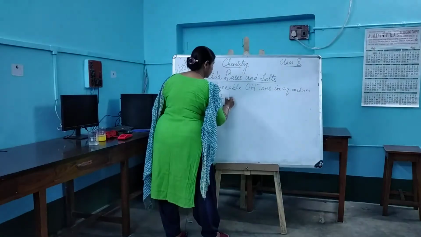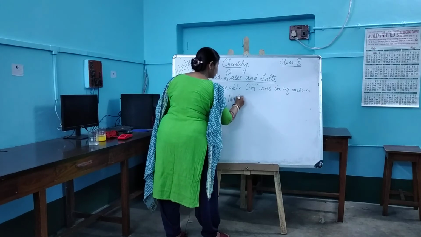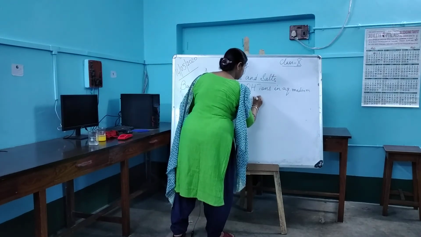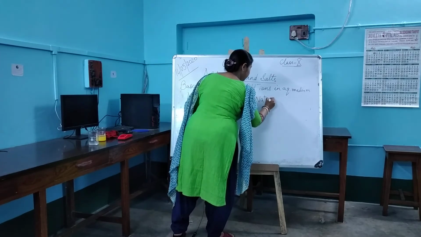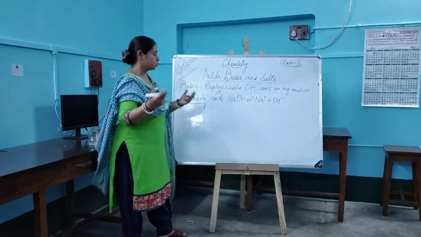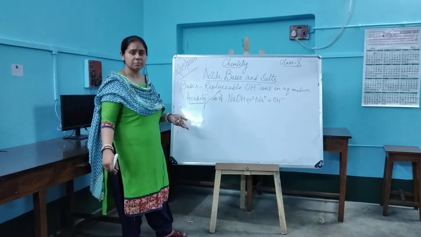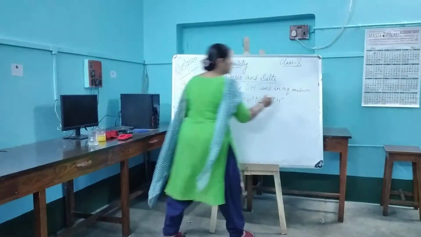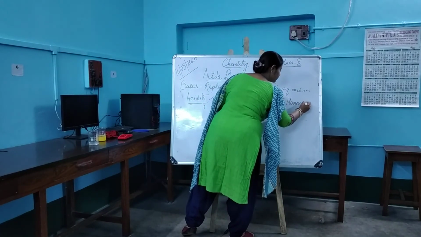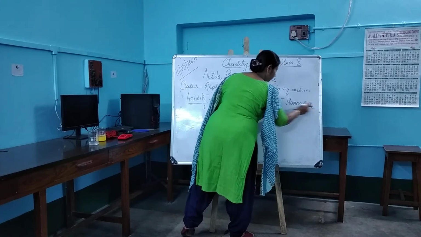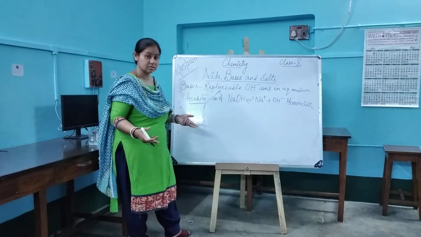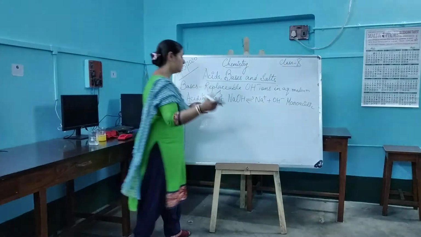Look very carefully. Sodium hydroxide, NaOH, on adding with water, will form Na+ and OH-. So how many replaceable hydroxyl ions do I have? Only one. So this will be classified as a monoacidic base.